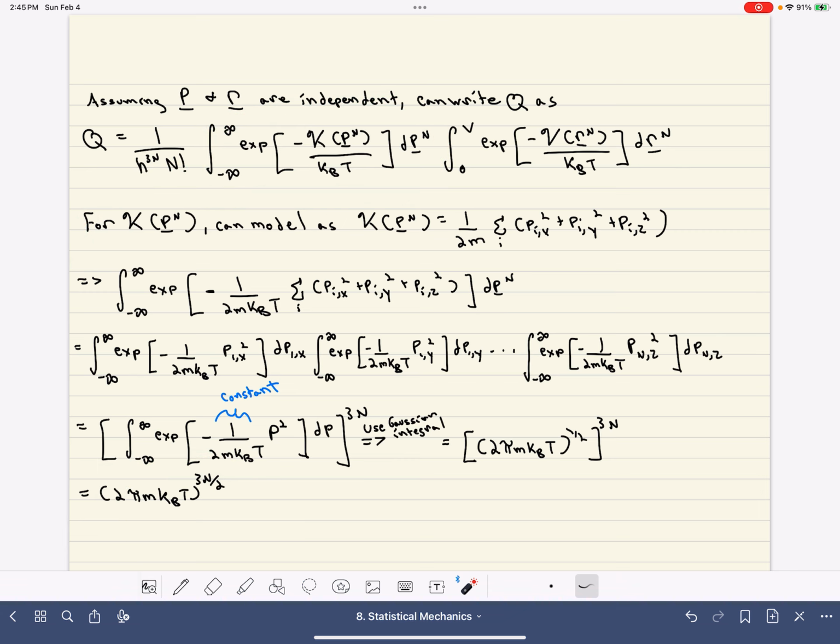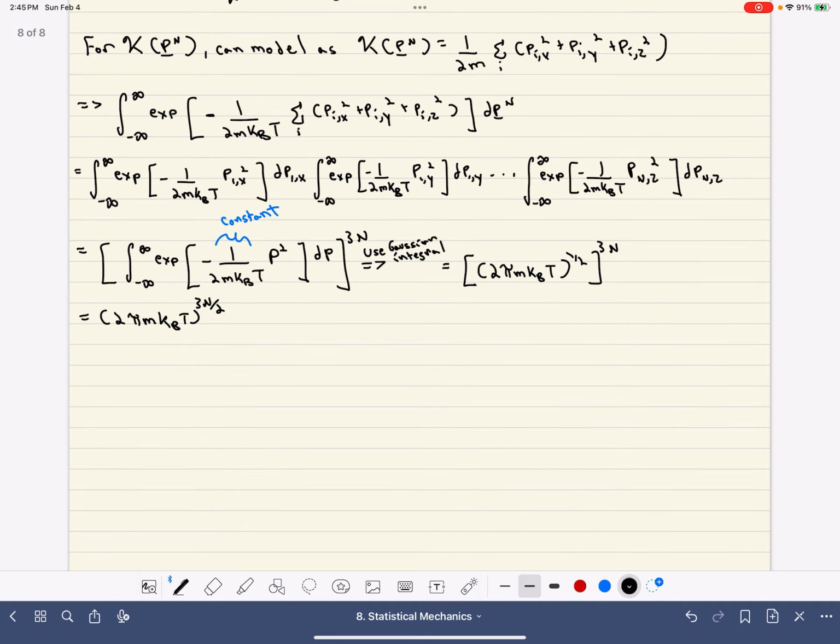And so if we go back to the continuous form of the partition function, what we have is this. I'm going to leave the factorial by itself. But here, I'm going to write m kBT divided by h squared, now that I brought in Planck's constant, with the 1/2 here, and then I'm going to write it as 3N.